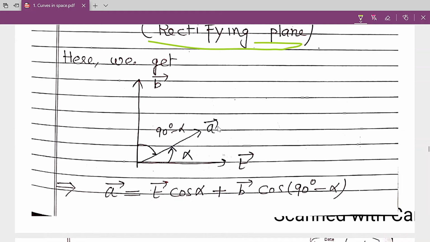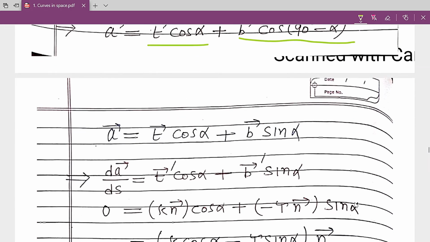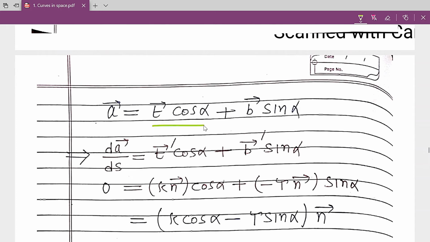If they are coplanar, then the A vector can be expressed as T vector cos alpha, because the angle between them is alpha, plus B vector times cos of 90 minus alpha. So this can be written as A equals T cos alpha plus B sin alpha.